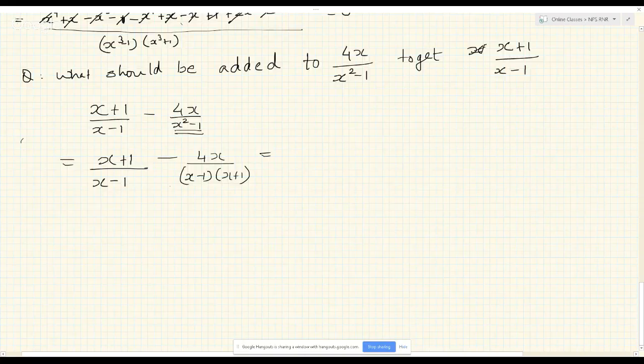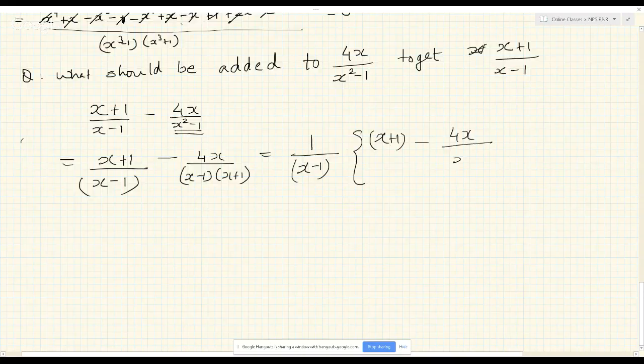So you can take x minus 1 from denominator as common, so I can write 1 by x minus 1, and within brackets I can write x plus 1 minus 4x upon x plus 1, isn't it?